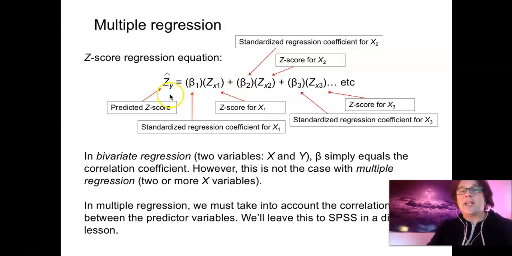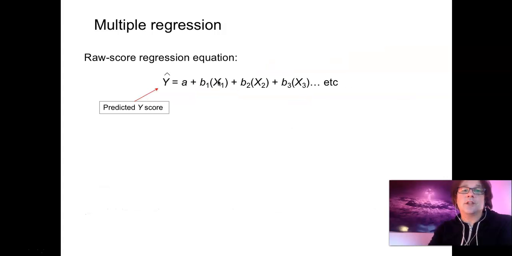Well, you're not going to end up with a good regression model. So we're going to let SPSS deal with that in terms of taking into account the correlation that exists between each of these variables, but that is something that we must take into account when conducting multiple correlation.